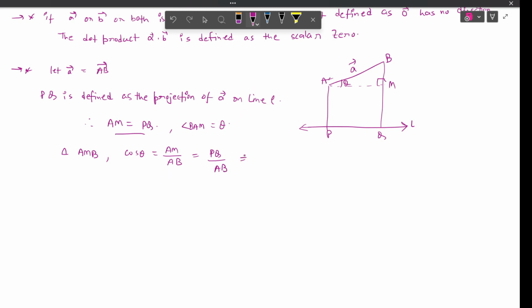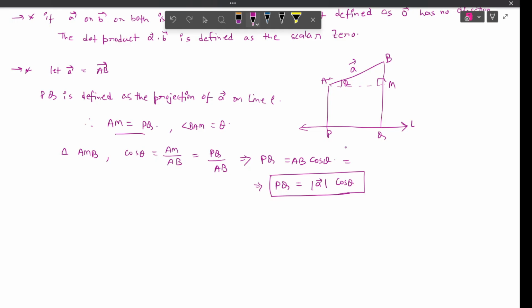So PQ is AB cos theta, and AB is modulus of A. So PQ is modulus of A vector into cosine of theta. Hence the projection of vector A on a line L is modulus of A cos theta, where theta is the angle between that vector and the line L.